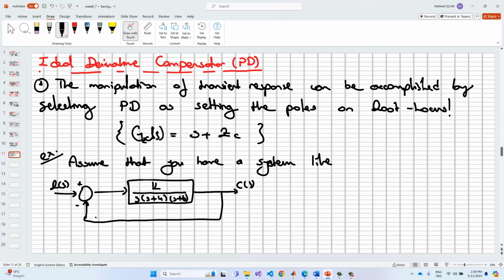Okay, these are the basic system. This is the G(s), but with changeable or updatable coefficients of its gain.